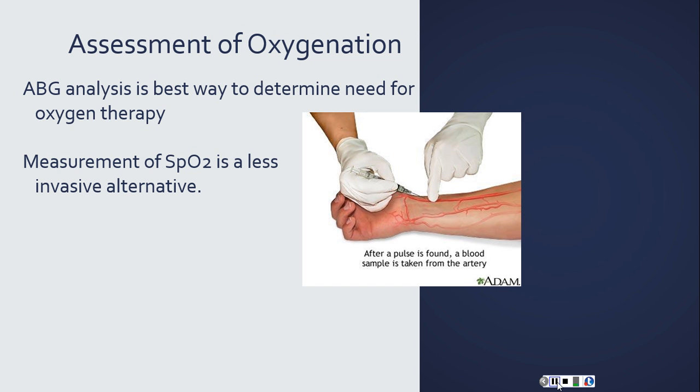What other skin changes? Pallor, pale discoloration. What else? What if it's been going on for a little while and they've really struggled to breathe? What may we also see as a late sign?